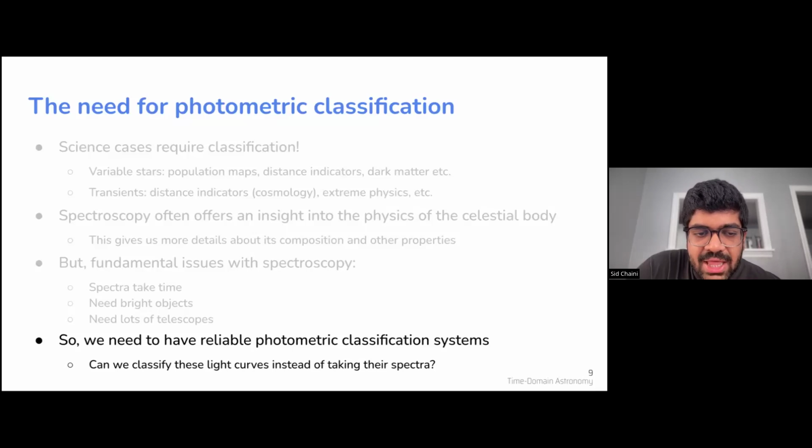So you could skip that and choose what transients or variable stars you're interested in, and then get a spectrum for a subset of those objects. You don't have to get a spectrum for everything. You can choose what objects you're interested in and focus on those. And that's a bit easier than getting a spectrum for everything.